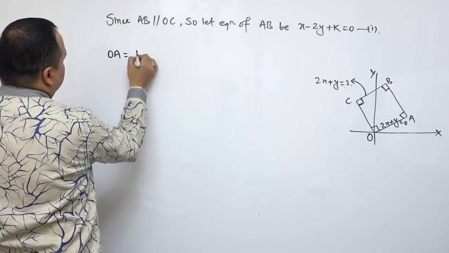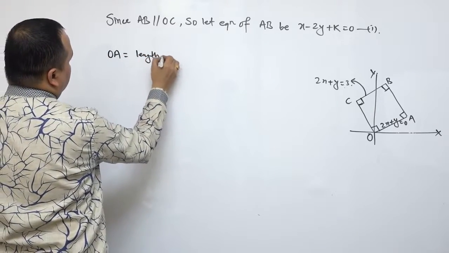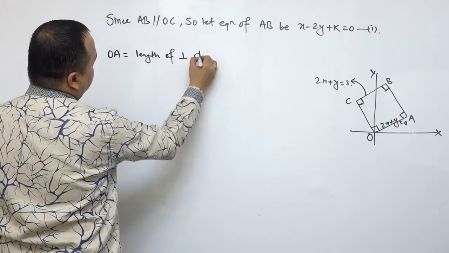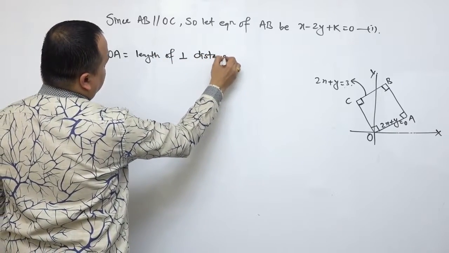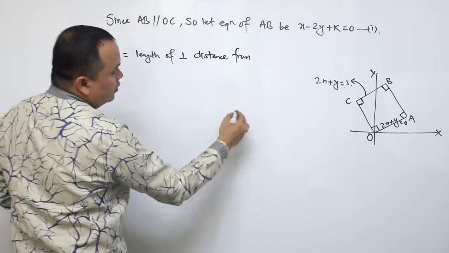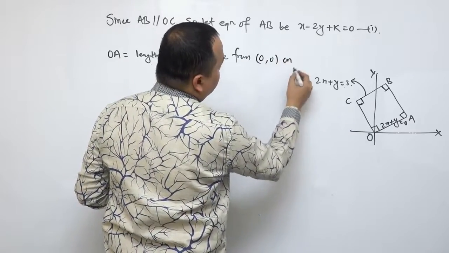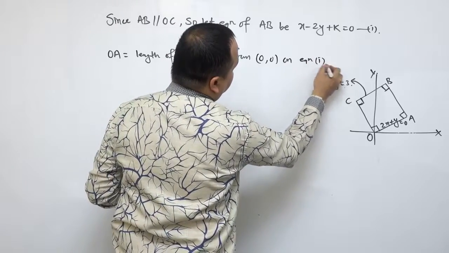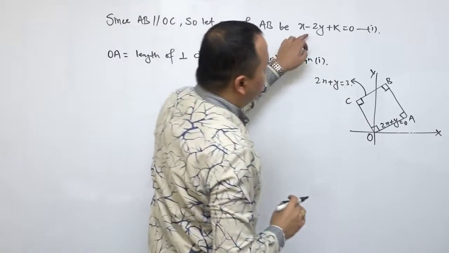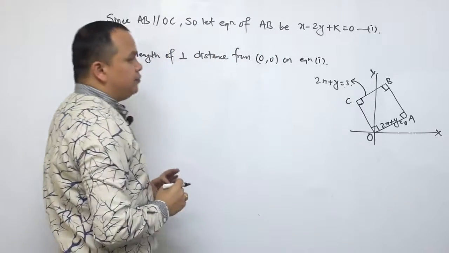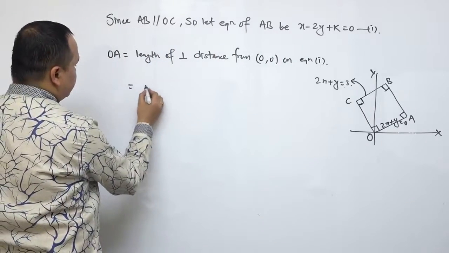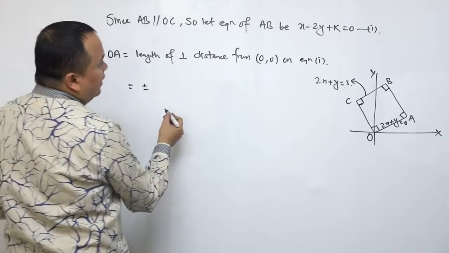OA is equal to length of perpendicular distance from O (0, 0) on equation 1, which is AB. This is plus minus (A x1 plus B y1 plus C) divided by root over A square plus B square.